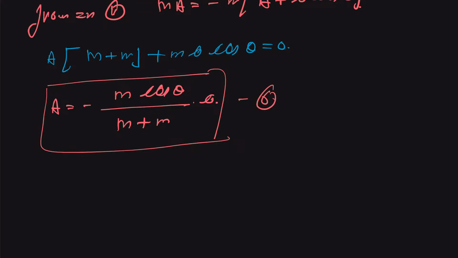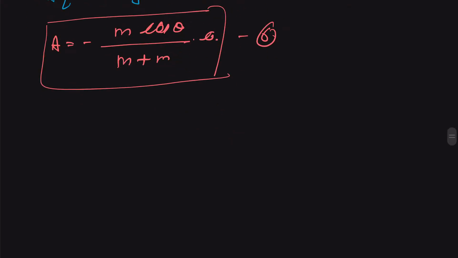And once again we can combine equation number 1 and 2, and that is going to give us a relationship for our small a.